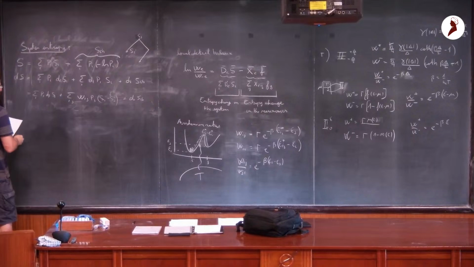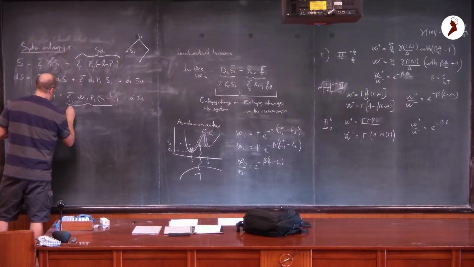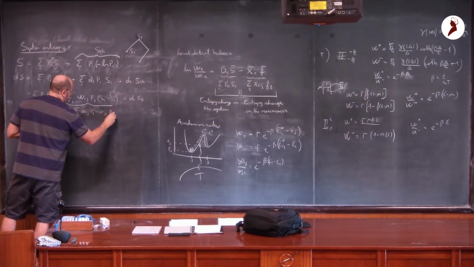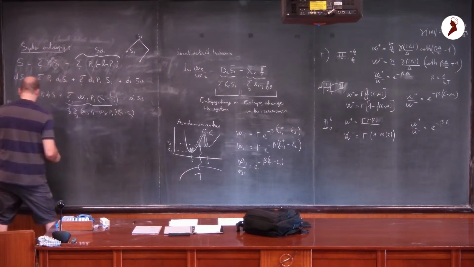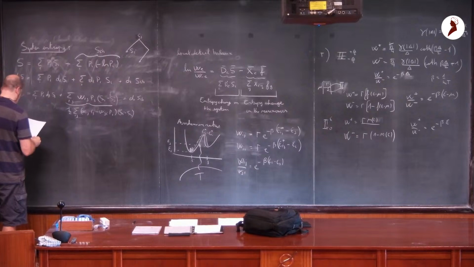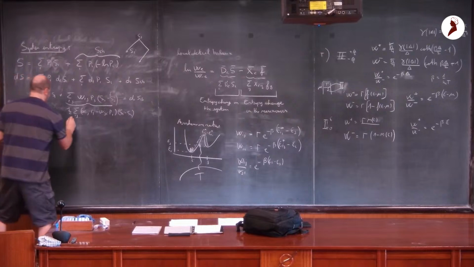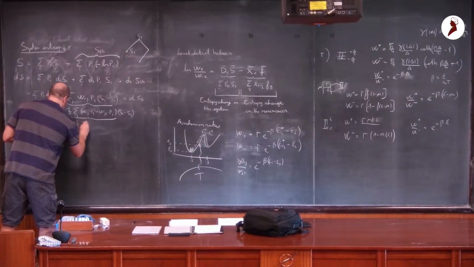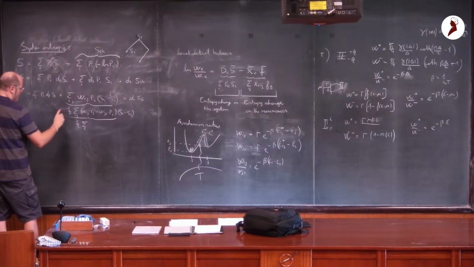And this I will now rewrite, let me do it for short, as 1/2 (w_ij p_j minus w_ji p_i)(s_i minus s_j). And this I now rewrite as the 1/2 times the sum over both forward and backward edges epsilon.